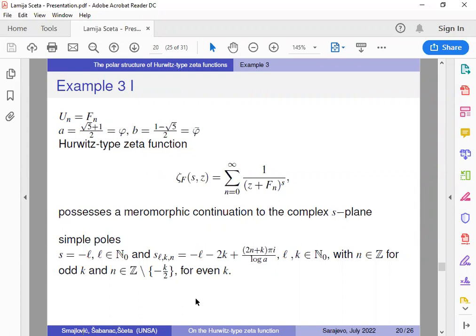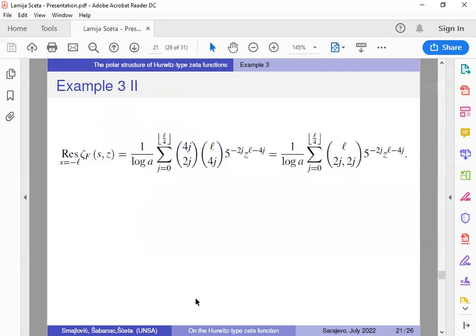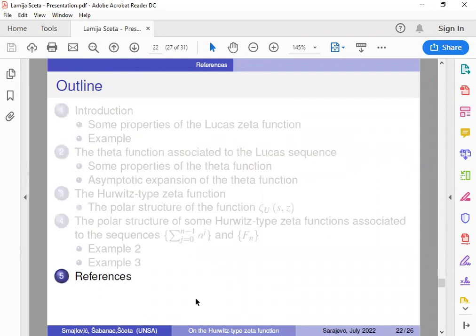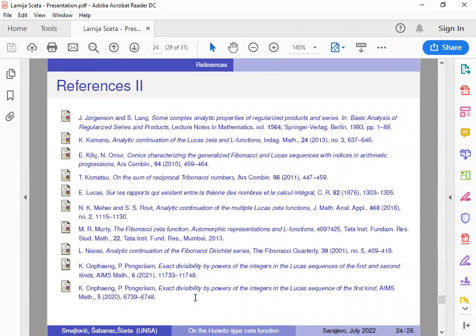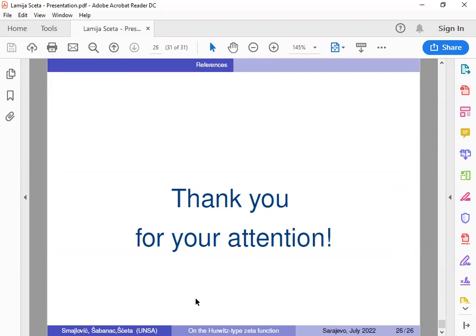It possesses a meromorphic continuation to the complex S plane, and corresponding poles are given in these two ways, and the residues are. I ran through this presentation. And thank you for your attention.